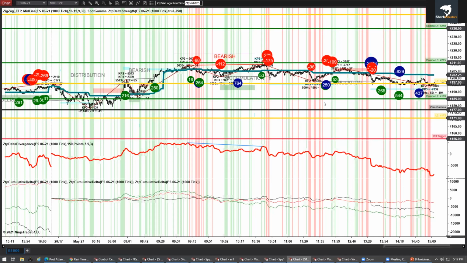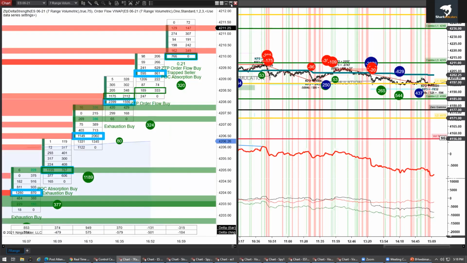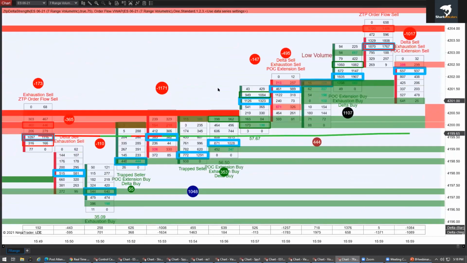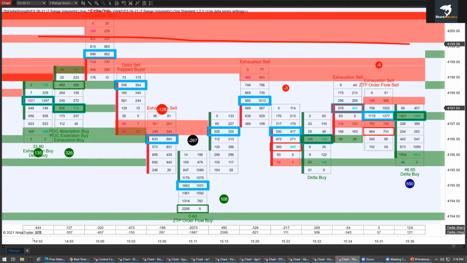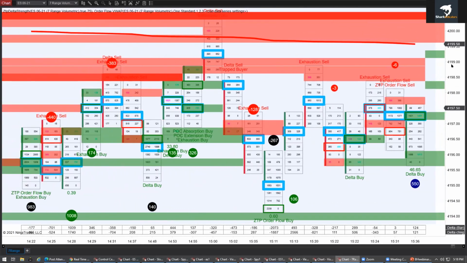So the Spot Gamma indicator, the divergence indicator, and the volume analysis, all that stuff will run on the free version of NinjaTrader. It's just when you go to the volumetric charts, which is the order flow chart right here, that's where you need to actually pay NinjaTrader.